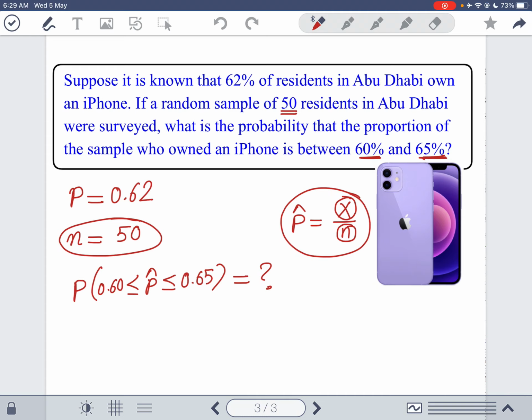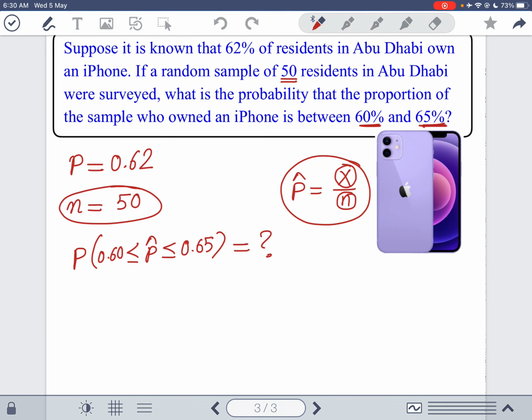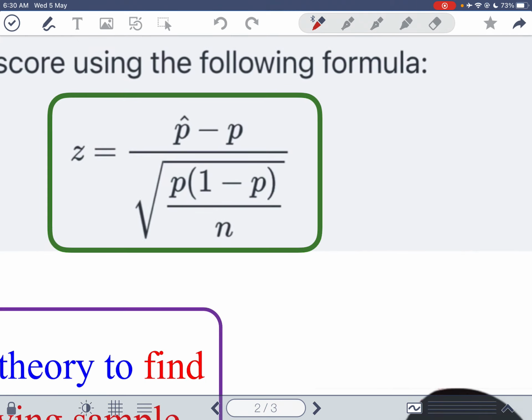This proportion, you can think of it as a mean, and that's why the central limit theorem worked to give you the sampling distribution of the sample proportion, and we were able to compute the mean and standard deviation for p hat. And so in this case, how do you go from p hat to z? There is this formula here that takes you from p hat to the z score.